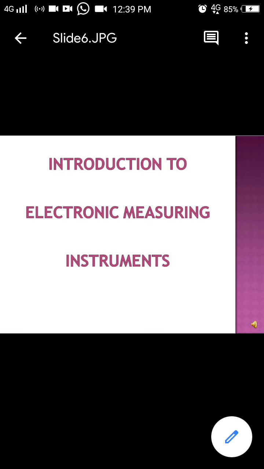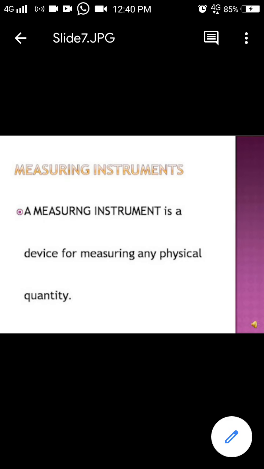Now, let us move on to the subject, that is Introduction to Electronic Measuring Instruments. First of all, I want to give the background about measuring instruments. A measuring instrument is a device for measuring any physical quantity.